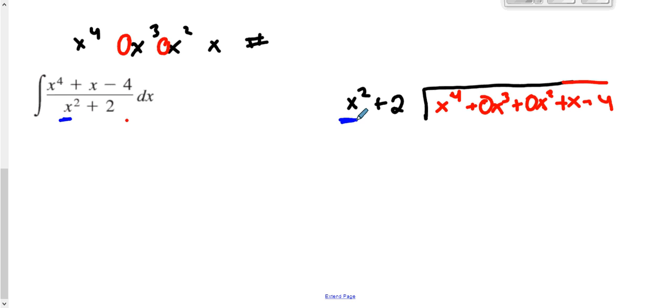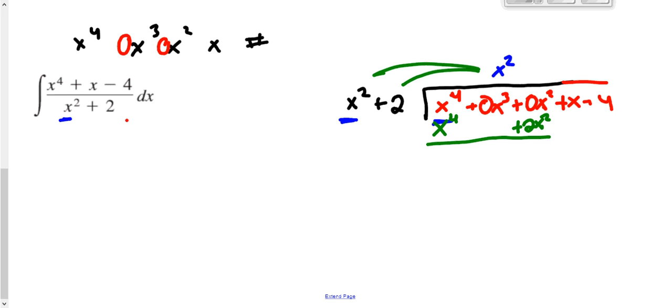So we look at x squared and x to the 4th. What do we multiply x squared by to get x to the 4th? That would be x squared. And then we multiply that back out to both of these. Remember, the 2 doesn't matter until we multiply. So x squared times x squared is x to the 4th. X squared times 2 is 2x squared. I'm going to put that under my x squared term. So 2x squared.